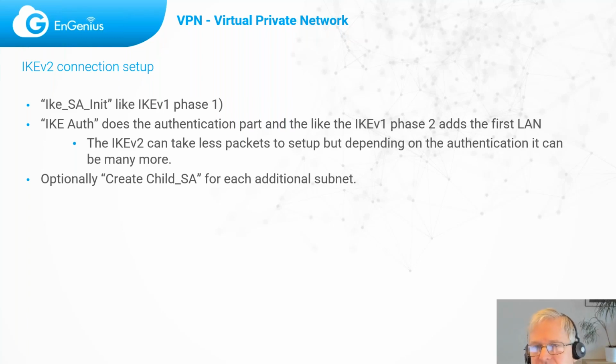And in those screens, you have a drop down to say to which phase 1 it is connected, and you can have multiple phase 2s or child SAs connected to the single phase 1.